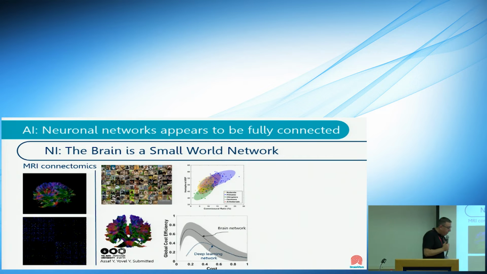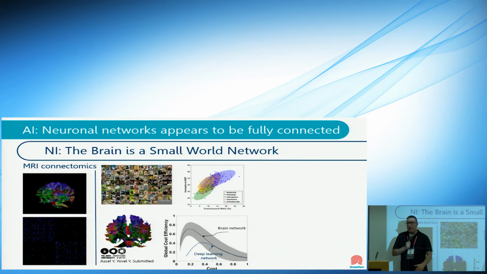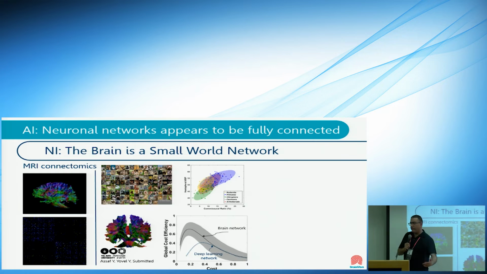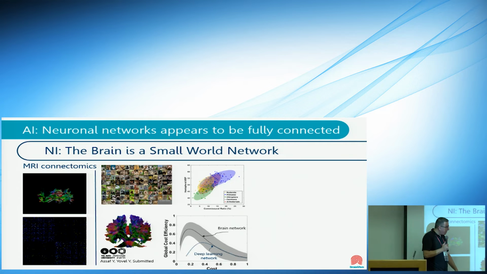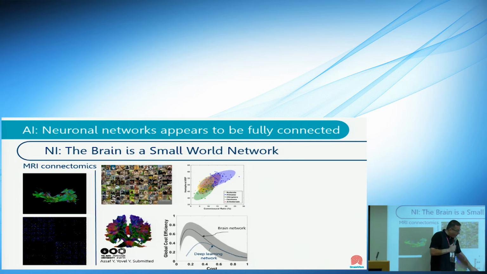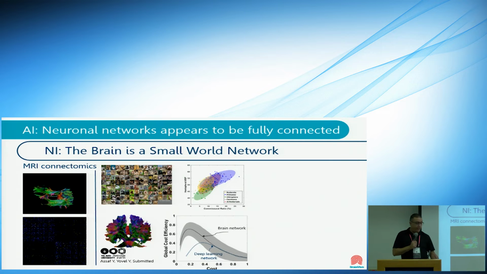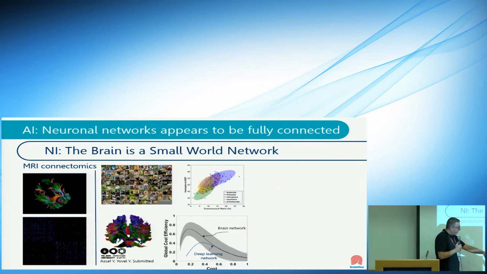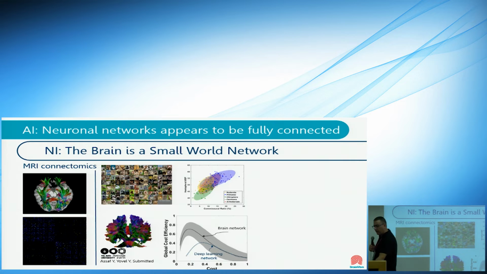But at the end, we were able to plot all the brains in our samples. There were, I think, 250 different samples, and including humans, we got to about 1,000. At the end, you can build a graph that shows the relation between efficiency and cost in the brain. And you can see that there is a peak in this graph.